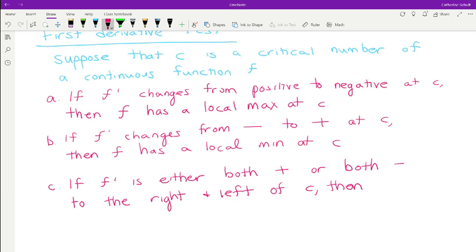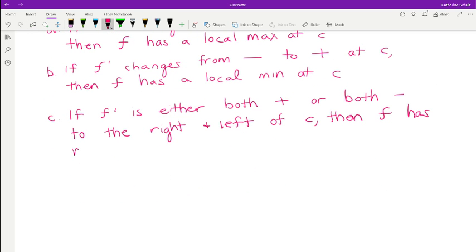Then f has no local min or max. So I'll draw a picture of that one right now.